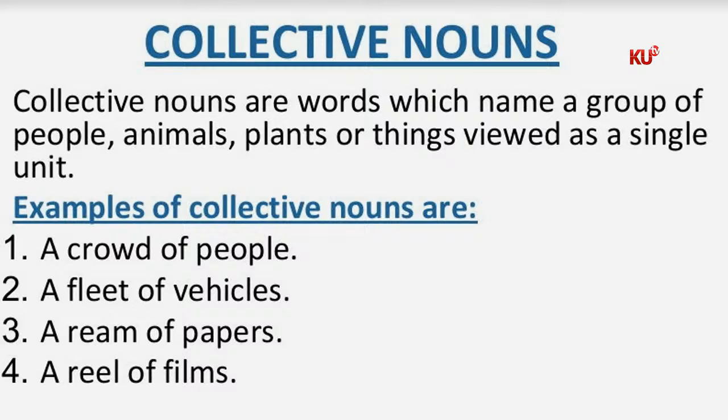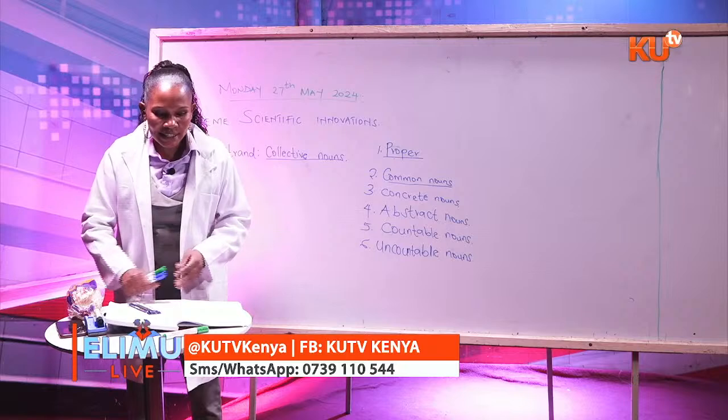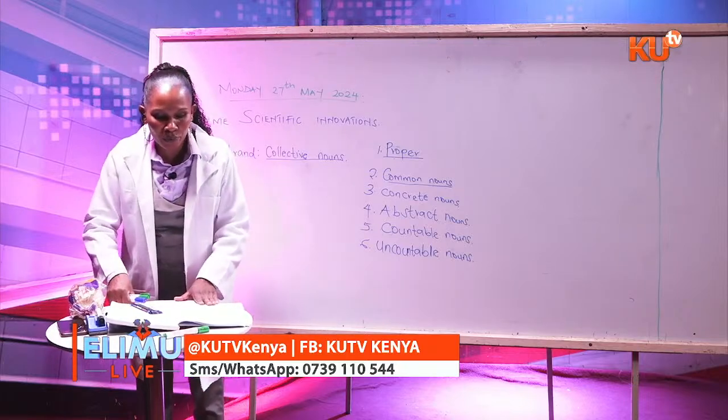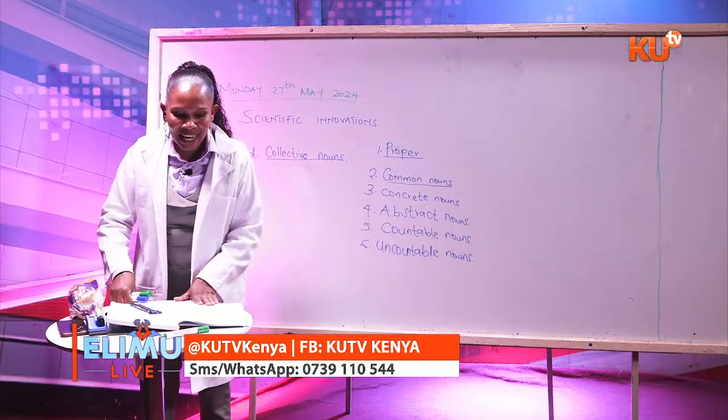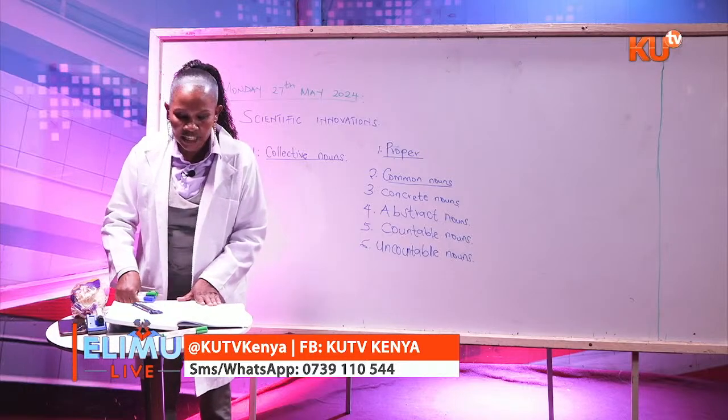Examples of collective nouns: a crowd of people, a fleet of vehicles, a ream of paper, a reel of film. All those we call collective nouns. They are in a group.